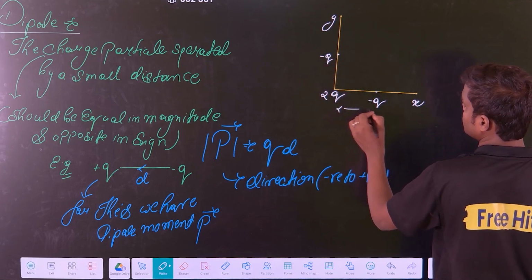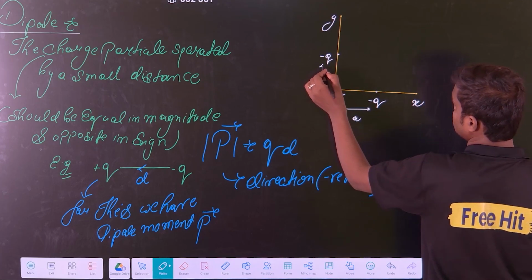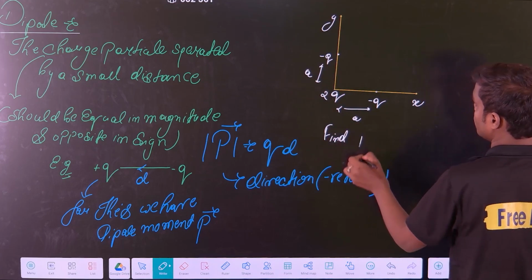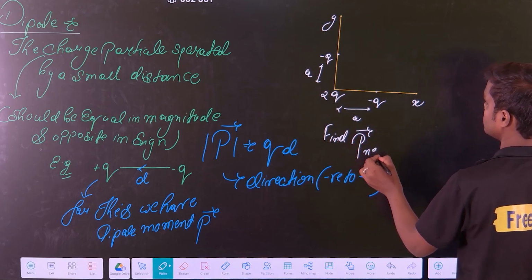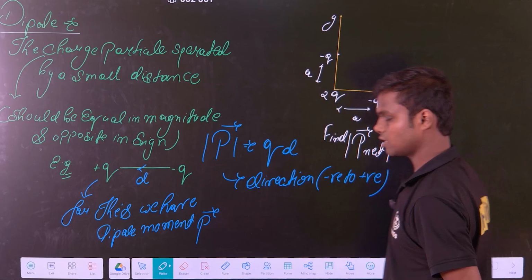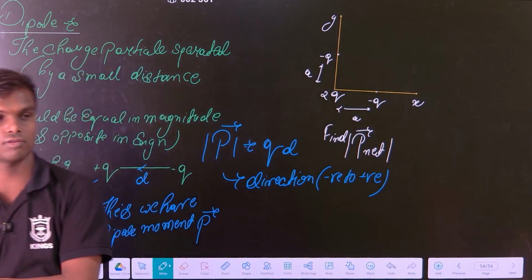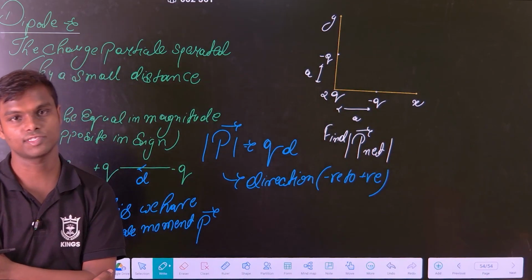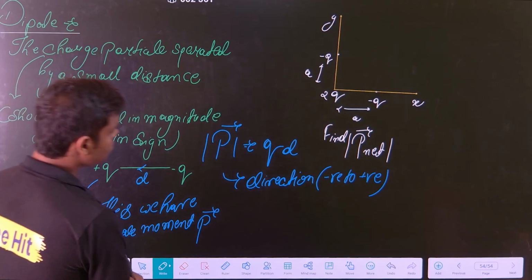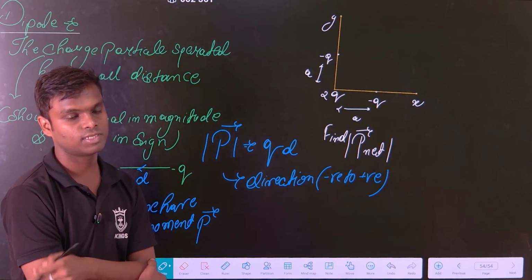The distance is a, and this distance is also a. Find the net dipole moment, I need the magnitude only. Very simple question. Please solve it and tell me what is the net dipole moment.